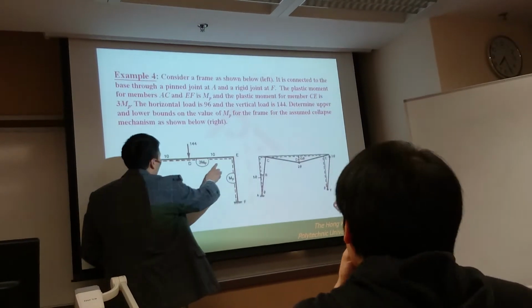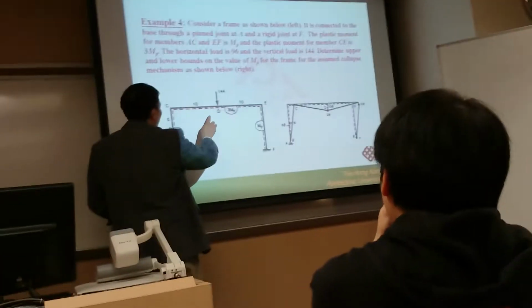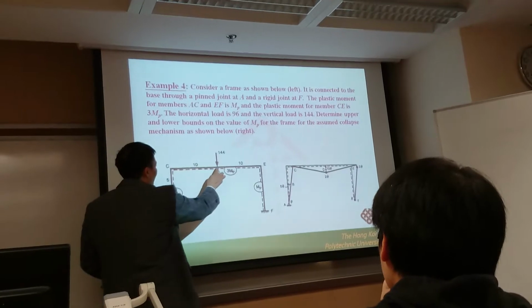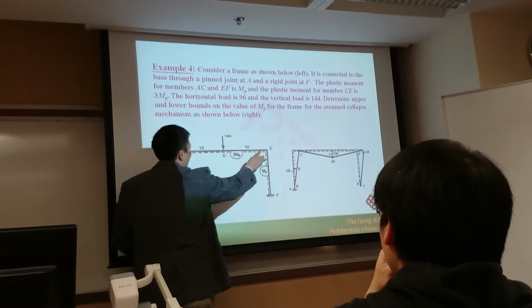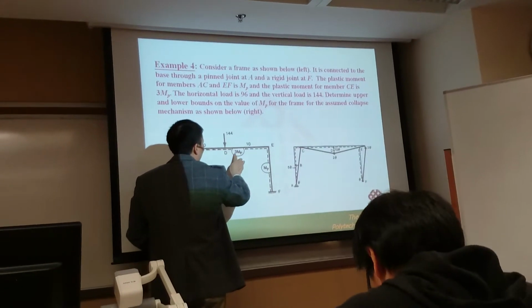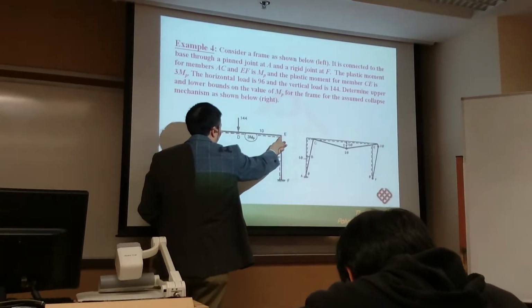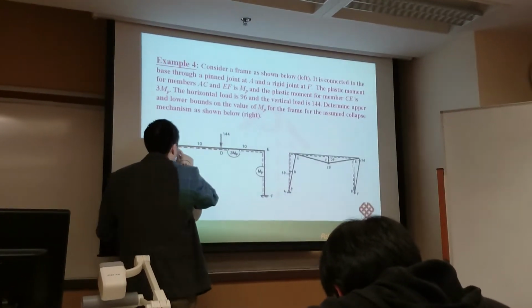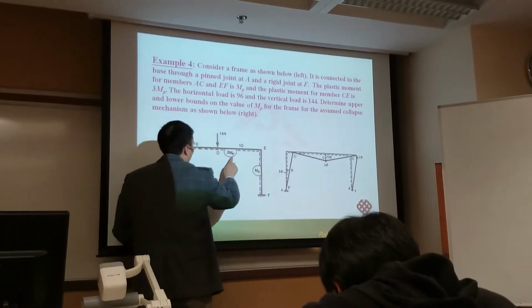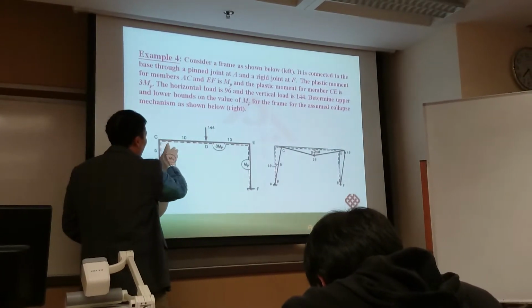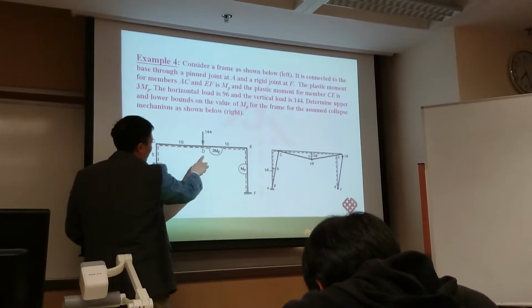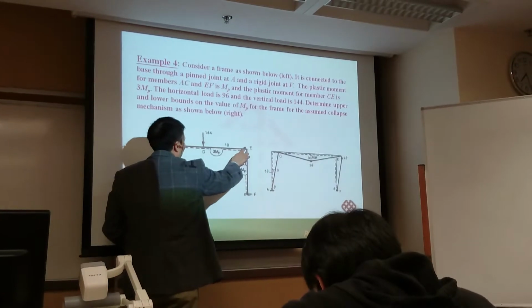We go back to the original structure, and this is a positive moment, and this is a negative moment, equal to positive 3 MP, negative 3 MP and negative 1 MP. If you introduce a virtual displacement like this, here is negative 1 theta, here is positive 2 theta, here is negative 1 theta.